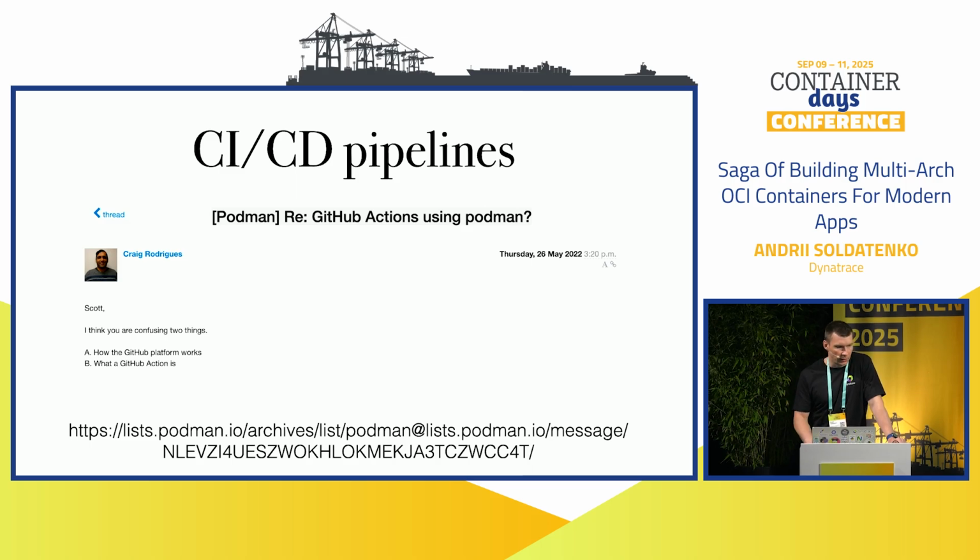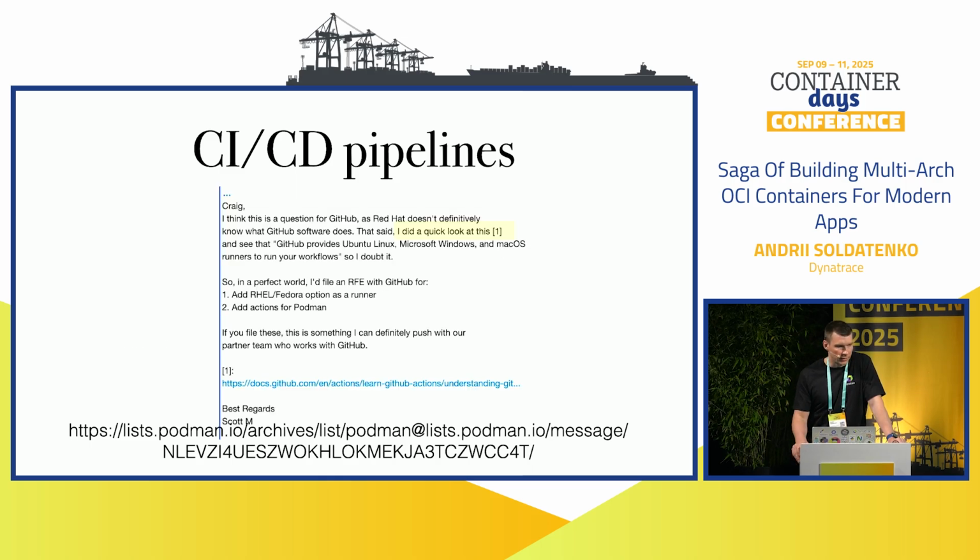Someone asked, okay, where is the Podman one? And the answer was, yeah, we are not responsible for it, which makes sense, and you can just install it, which helps, which puts us nowhere. So as a result, we gave up a little bit.